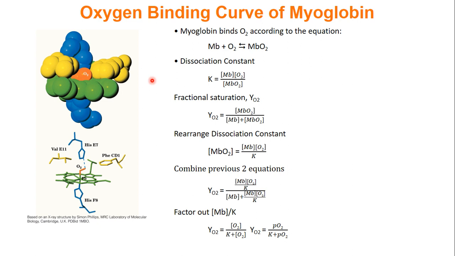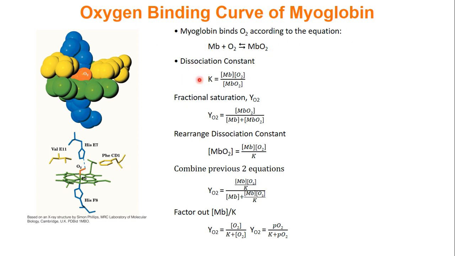Now let's look at binding of oxygen in myoglobin. And we're going to look at what's called the binding curve of this event, but first we have to go through the logic of how we can come up with a binding curve. So we're going to start with the simple chemical equation of myoglobin, unbound, plus oxygen can go to bound myoglobin. And this is a reversible reaction.